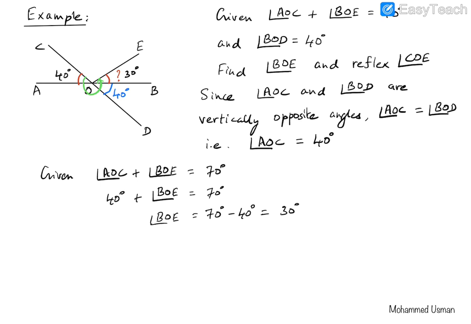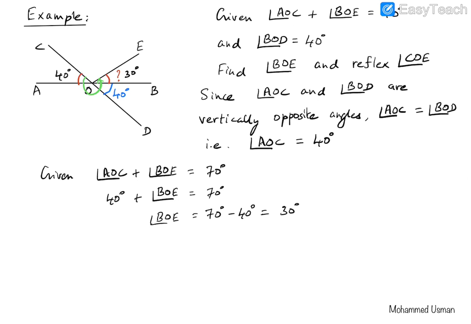To find angle COE, we notice that angle COE plus angle AOC plus angle BOE must totally be equal to 180 degrees, because that is the total angle on this line AB, which is AOC plus COE plus BOE. That should be 180 degrees. We know what is AOC, we know what is BOE. From that we can calculate what is COE.